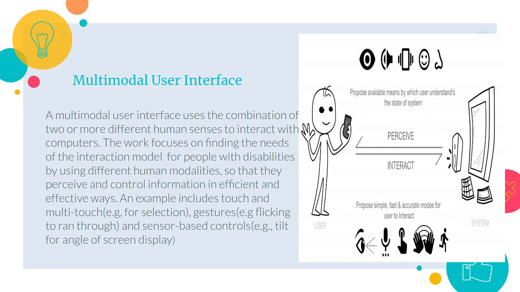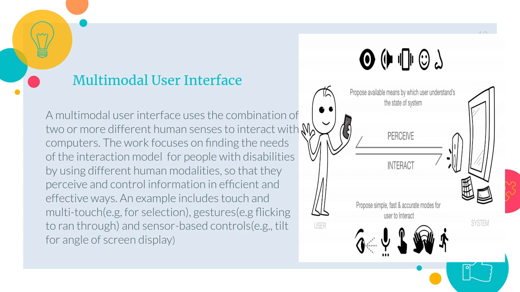And then we have the multimodal user interface. So the multimodal user interface uses the combination of two or more different human senses to interact with computers. And then the computer focuses on finding the needs of the interaction model for people with disabilities by using different human modalities so that they perceive and control information in efficient and effective ways.